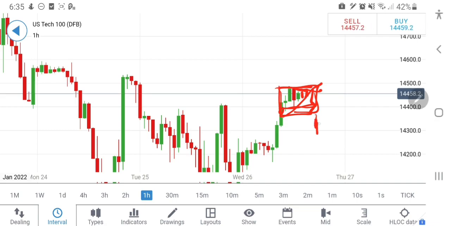Below this, definitely it might try to fall back again till towards 14,250 zone, and then towards 14,200. That will provide a support. Below that it might break on the top side. On the upside, once 14,500 is taken, it might try to hit 14,600. First level of resistance at 14,560, and then it will fly past 14,600 plus levels.